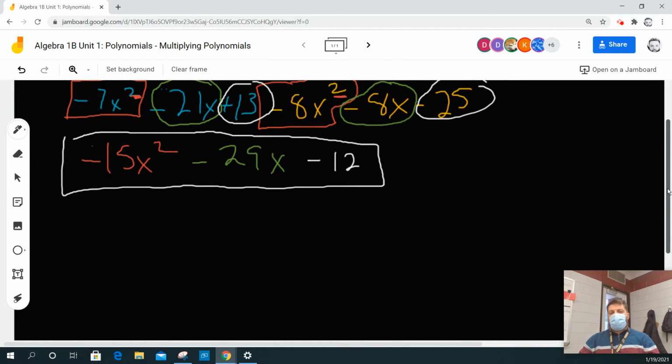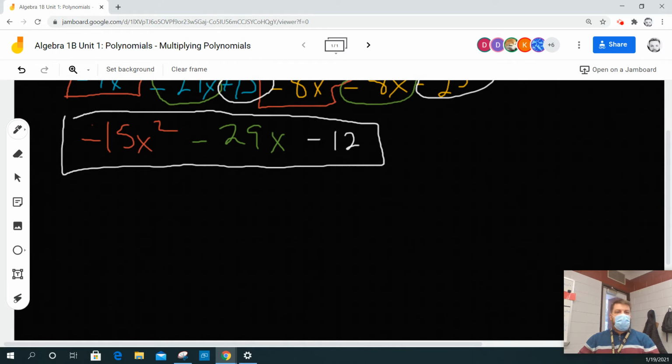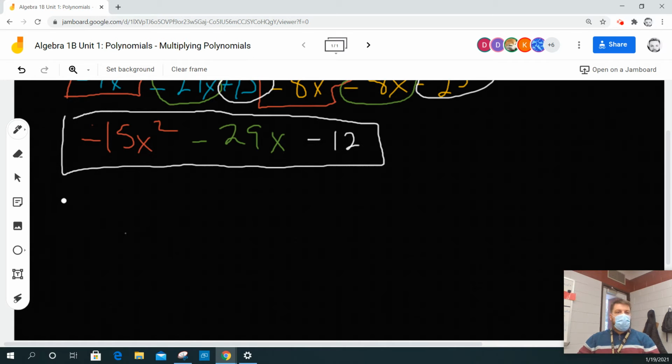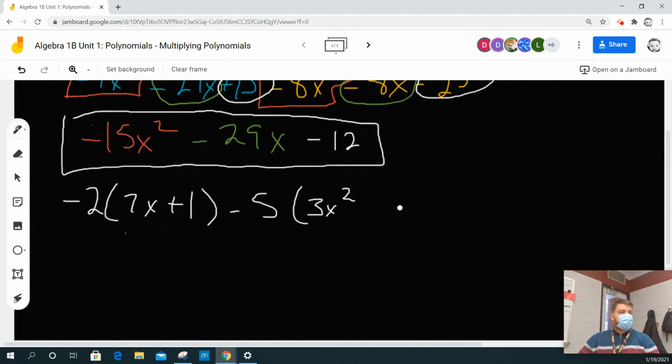So we've been multiplying polynomials, I just didn't say it. Let's do another example. What if I say negative 2 times 7x plus 1, minus 5 times the quantity 3x squared plus 3x plus 2?